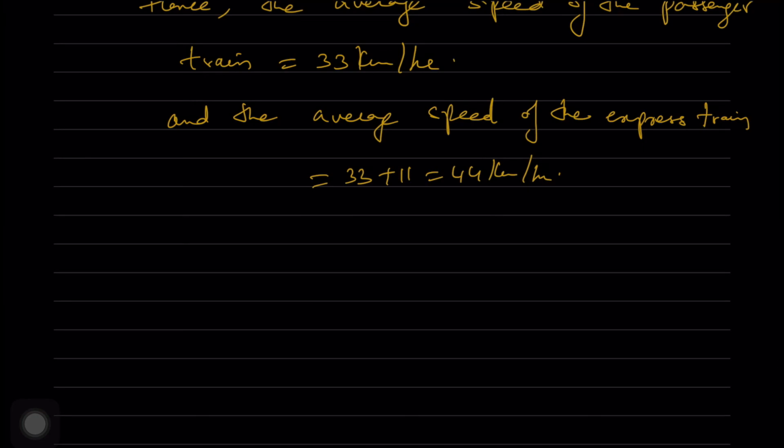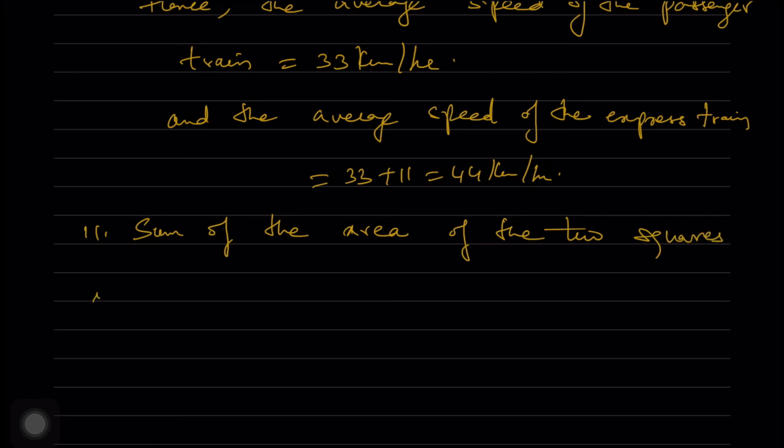So then going into the 11th problem, we have sum of the area of the two squares is 468 meters square.